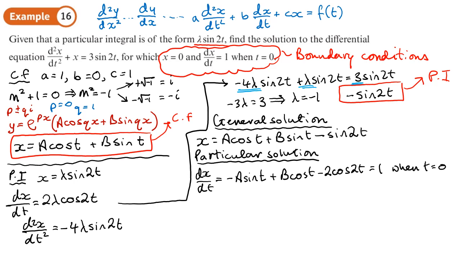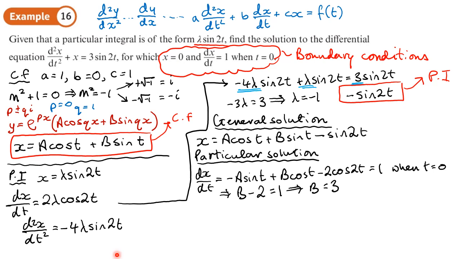So let's think about what happens when t is 0. Sine 0 is 0, so that's gone, and we don't need to worry about that. Cos 0 is 1, so we have b. And cos of 2 times 0 is 1 again, so I'll basically get negative 2. So b minus 2 equals 1. That should be very easy. b equals 3. So I've got my value of b.